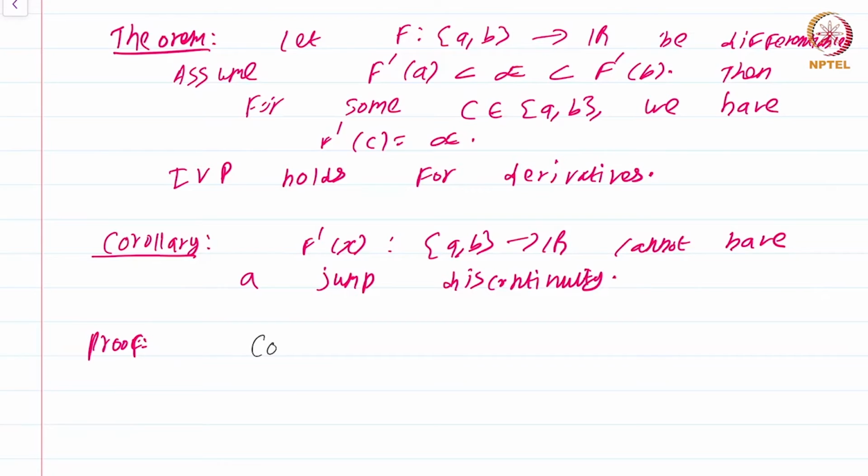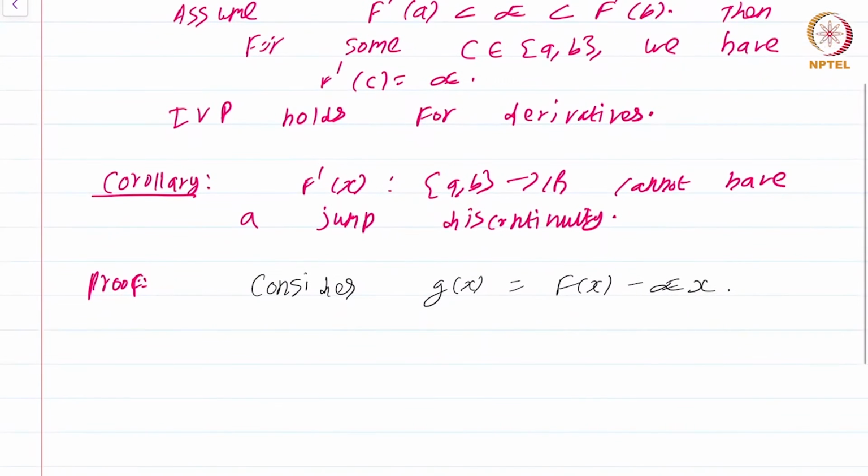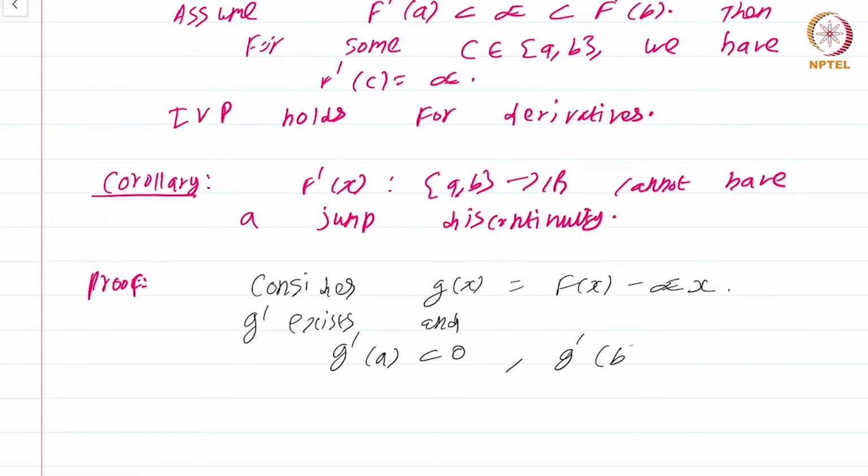Consider g of x equal to f of x minus alpha x. Now g prime exists and we clearly see that g prime of a is less than 0 and g prime of b is greater than 0.